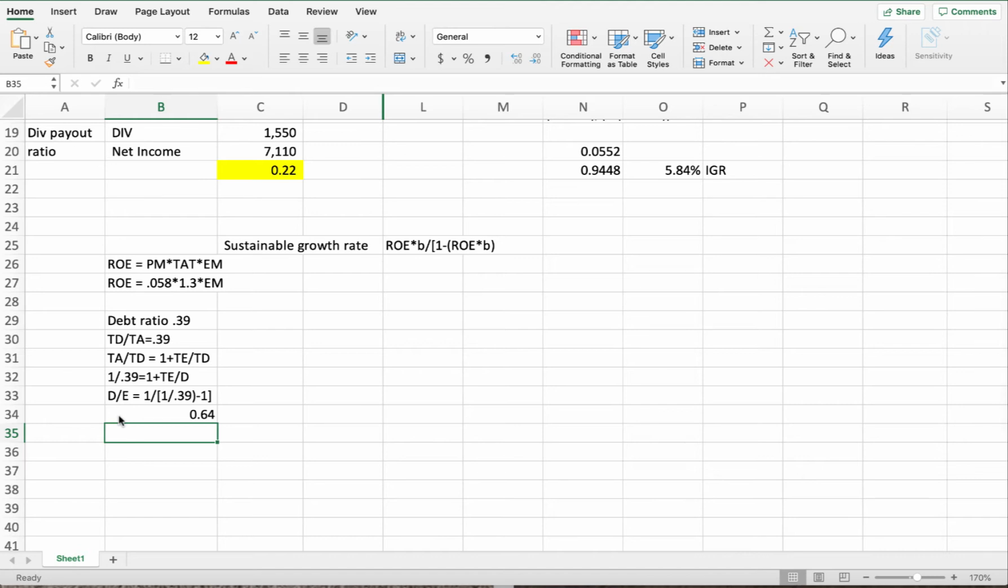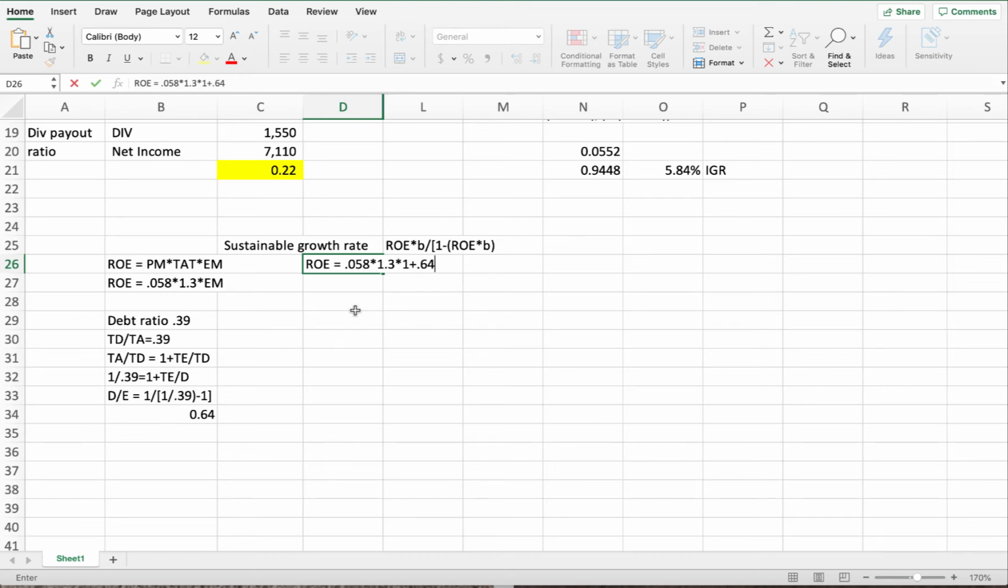Okay? So now we can go back to the equity multiplier, or I'm sorry, the DuPont method, and we could say, okay, ROE equals 0.058, which is my profit margin, times 1.3, which is my total asset turnover, times, well, 1 plus 0.64.